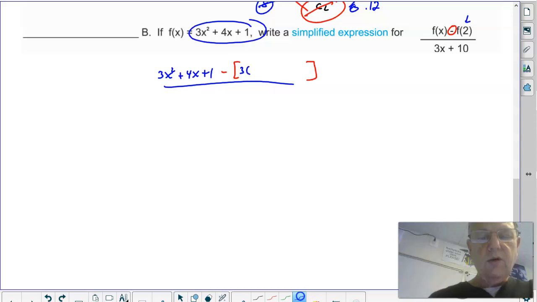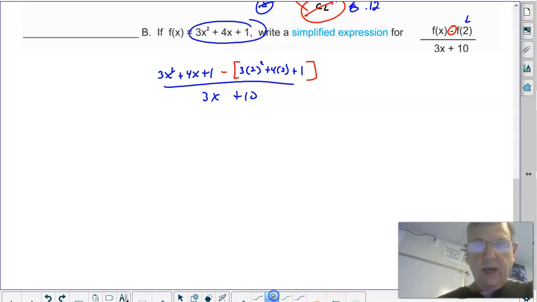So everywhere where the x is, I put in 2. And it's all over 3x plus 10. Okay, that's a 4, 3 times 4 is 12, 4 times 2 is 8, and 1, so 12 plus 8 plus 1, that's a 21.